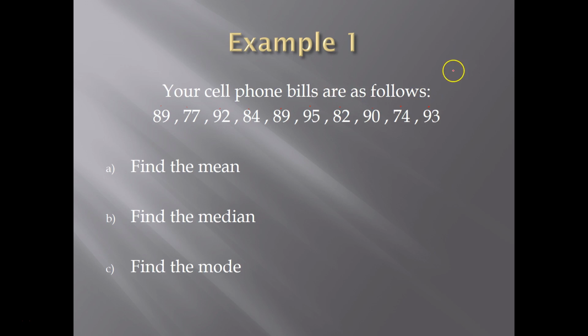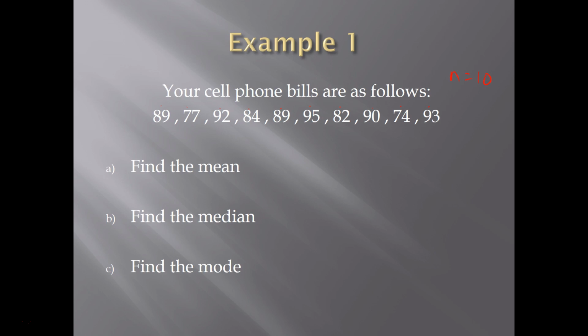Mathematically, we would say that our n is 10. The n is the number of data values, and that's why there's the letter n. So to find the mean, we want to add all 10 data values and then divide by 10. That's pretty easy to do. I'm sure most of you remember how to do that.